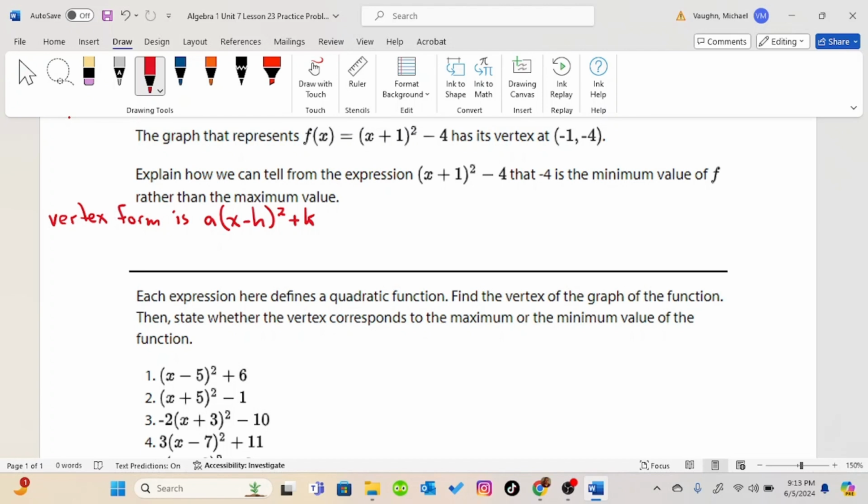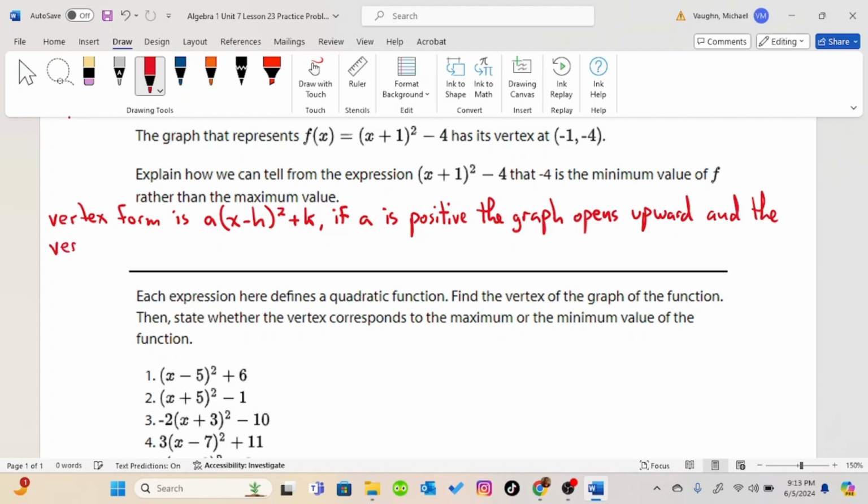In this form, if a is positive, the graph opens up, and the vertex is the minimum.